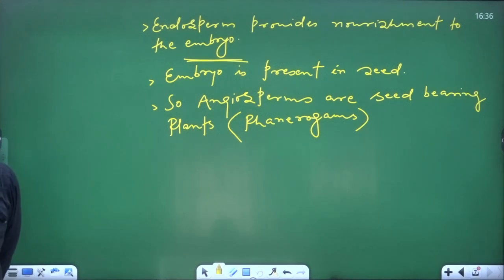Cryptogams are non seed bearing and phanerogams are seed bearing plants.